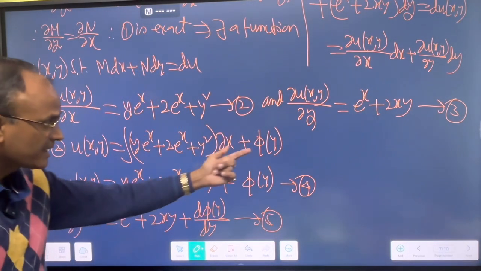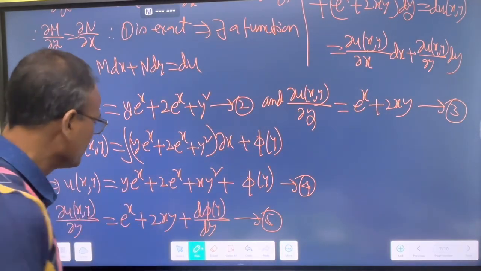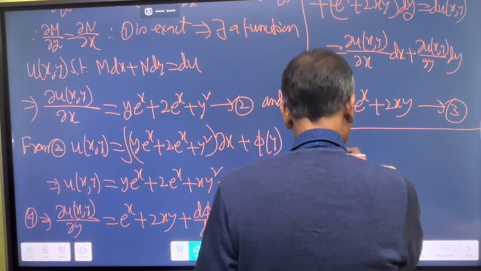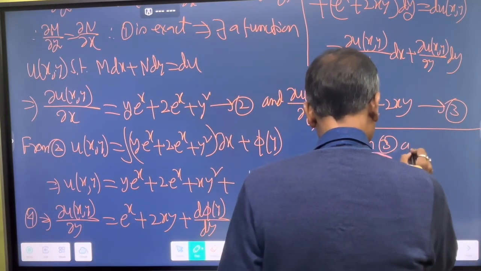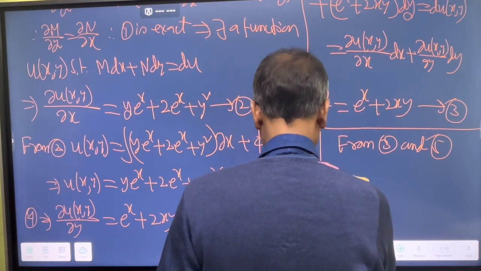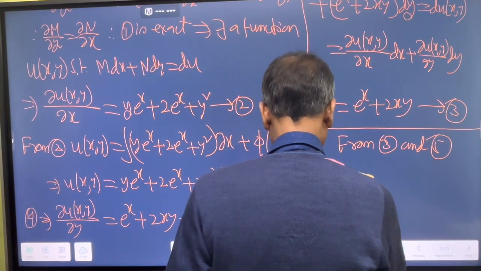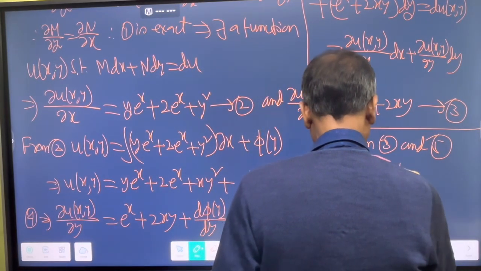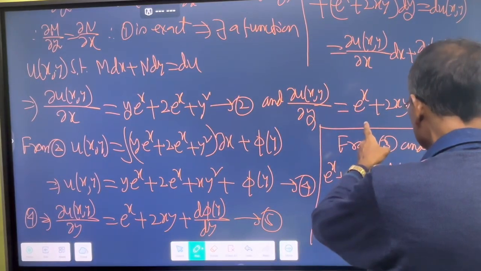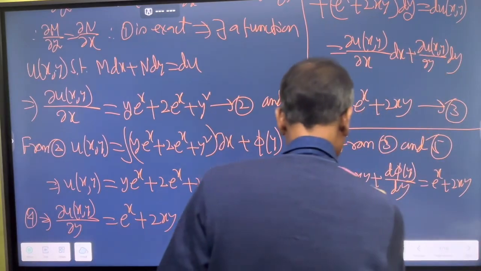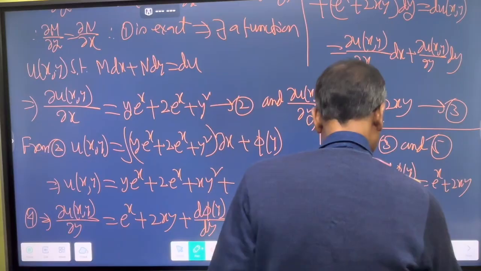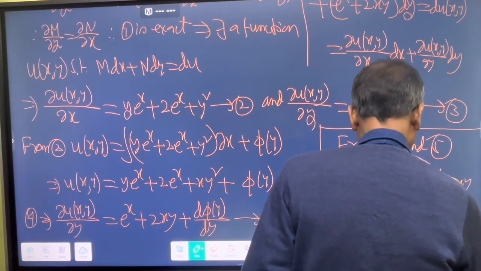We are integrating this, and it is as it is phi(y). From 3 and 5, you will get e to the power x plus twice xy plus d phi(y) by dy equal to e to the power x plus twice xy. This means d phi(y) by dy equal to 0. This means phi(y) equal to constant.